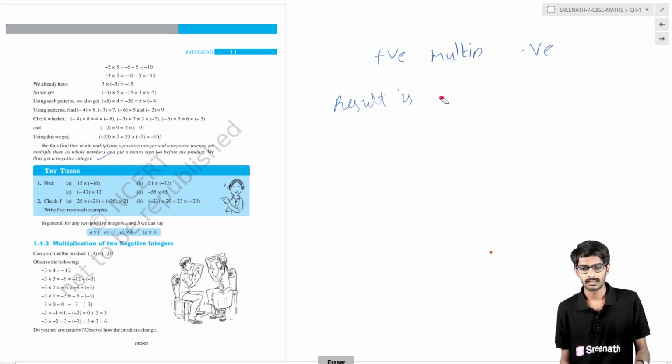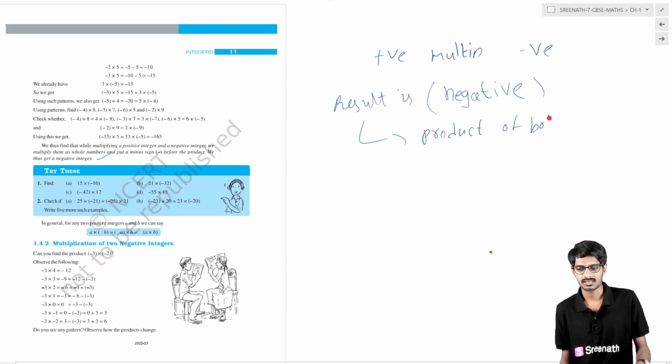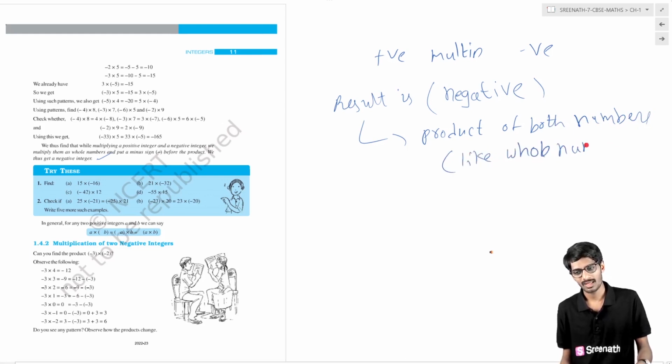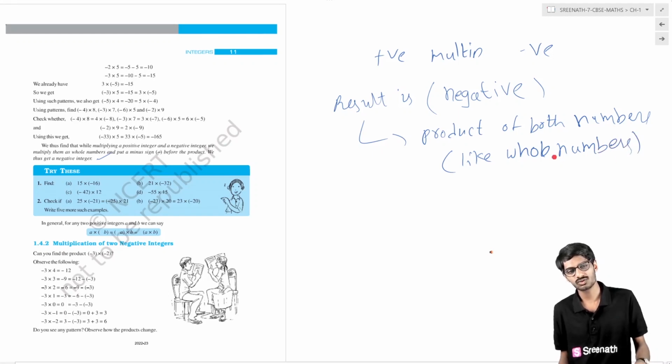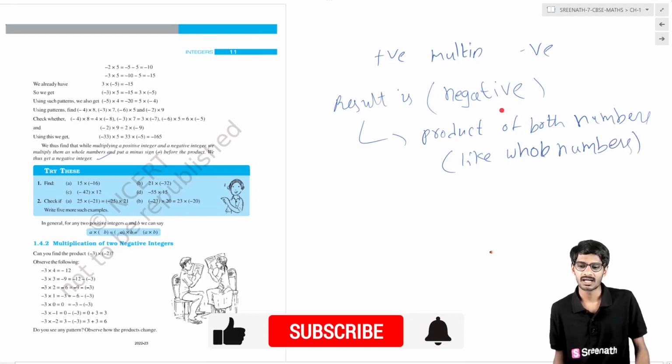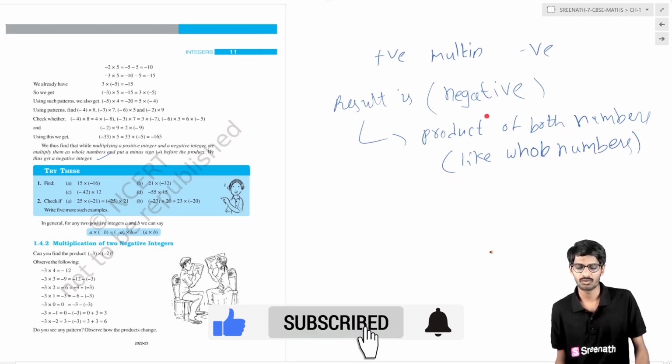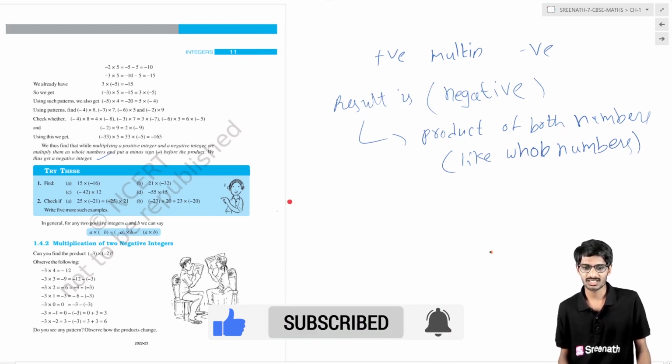Another thing we have to remember is that the result is the product of both numbers, multiplied like whole numbers. We treat those numbers as whole numbers, and we put a negative sign before it, because we are multiplying a positive integer with a negative integer.